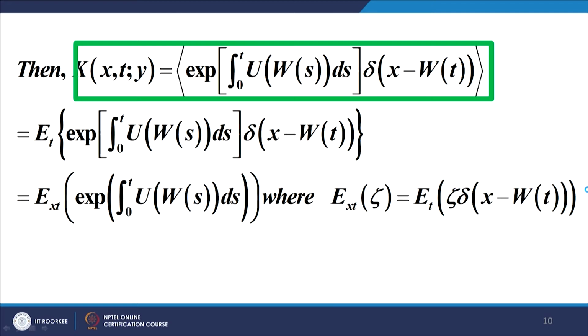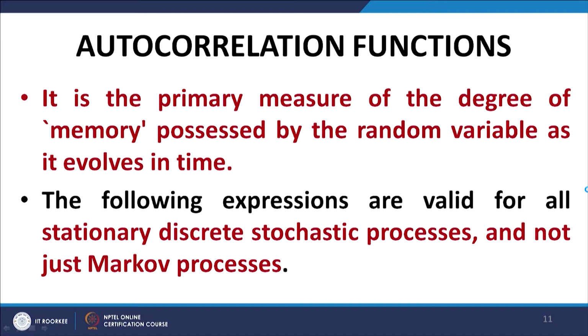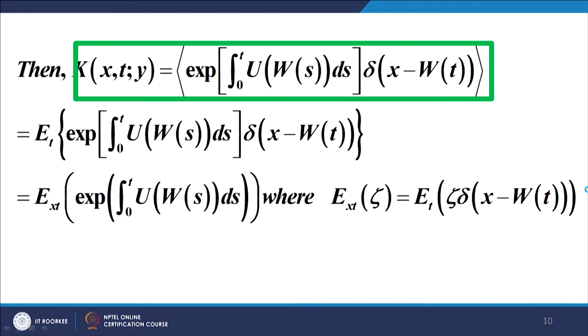We are integrating the expression in order to arrive at the expected value, and we have to do this integration over the various possible realizations of this random variable, and because this random variable is continuous, there is an integration here. What do we find? It is an integration over all possible paths, and therefore, it is called a path integral. Right. So, we have arrived at this expression.